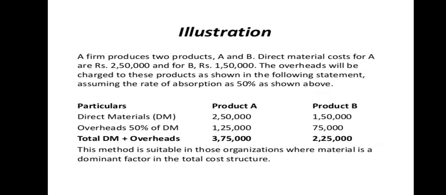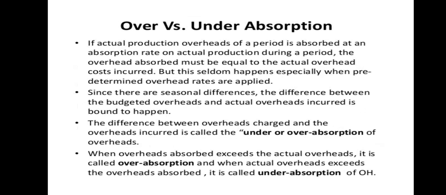This method is suitable in those organizations where material is a dominant factor in the total cost structure. Students, we need to remember the method of absorption of overheads, where the main dominating factor should be material cost, and it should be taken as a base cost for the total cost structure.